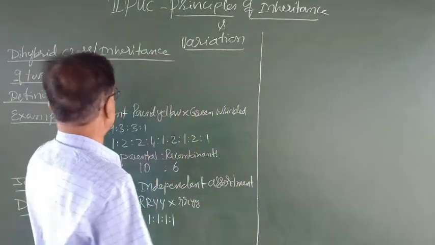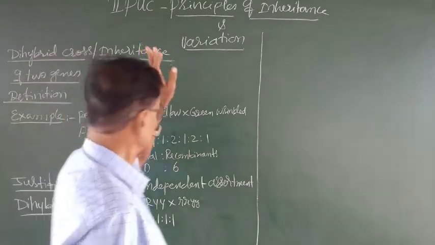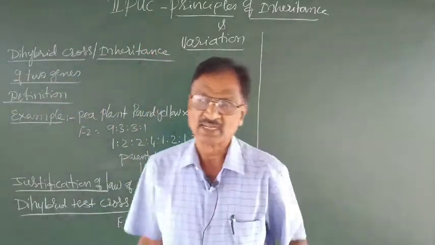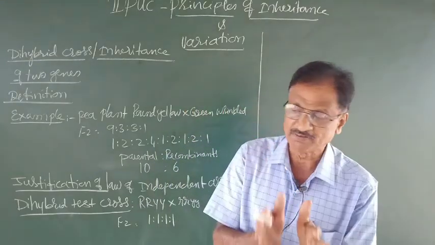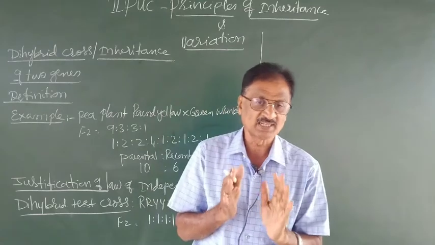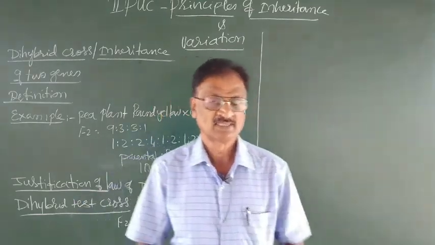Now let us know what is a dihybrid cross, or inheritance of two genes. What is a dihybrid cross? It is a cross between two individuals differing in two pairs of contrasting characters.